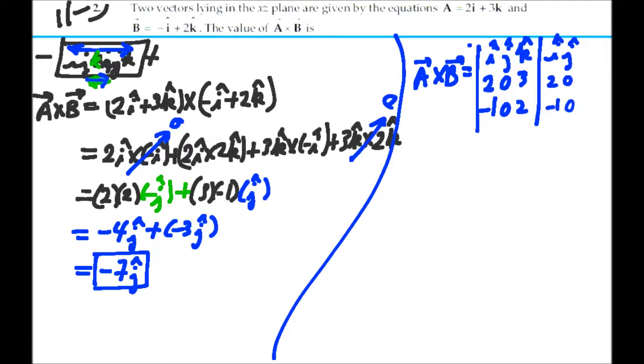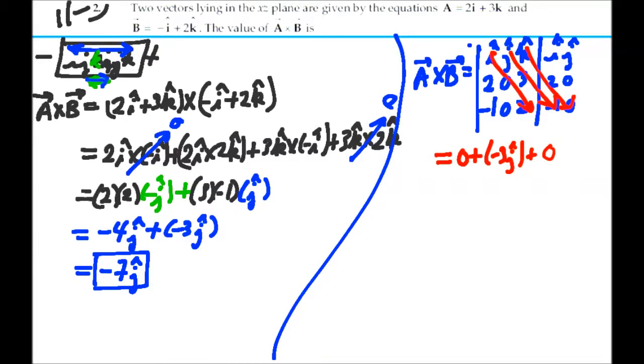Now I do the first three diagonals and add those. This is equal to then 0 plus, I'm going to have a negative 1 times 3 times j, so that's going to be a negative 3j plus 0.